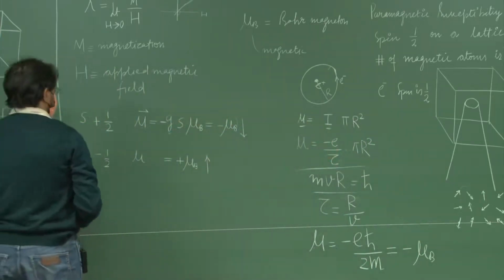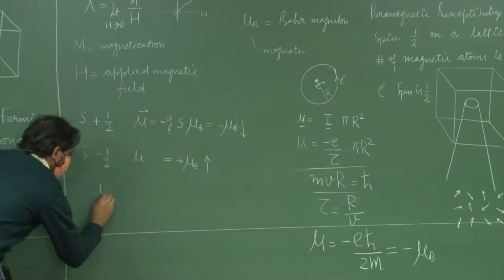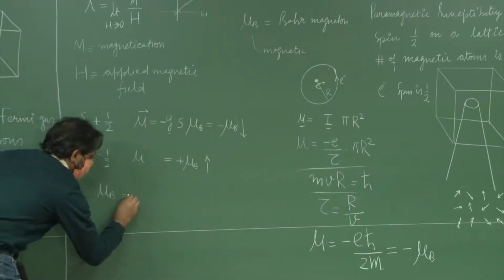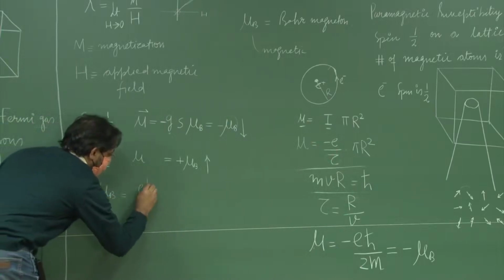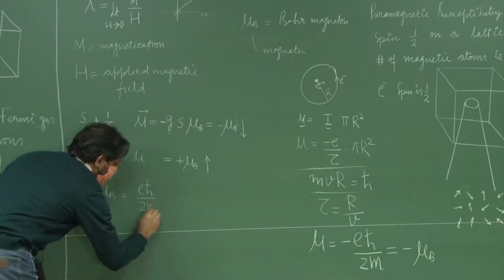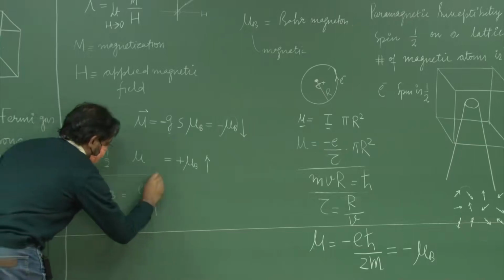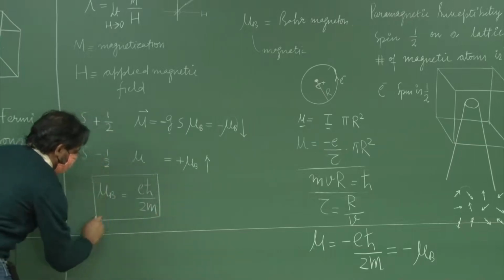Okay. So that's the formula for mu b is equal to e h bar by 2m. Okay.